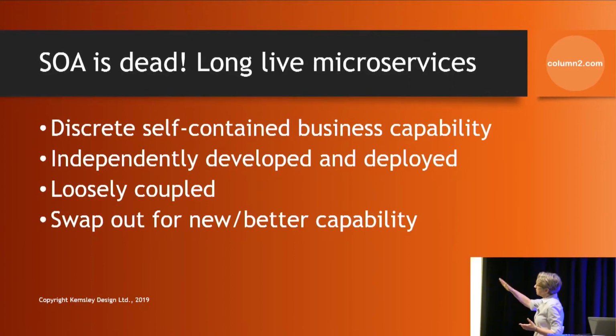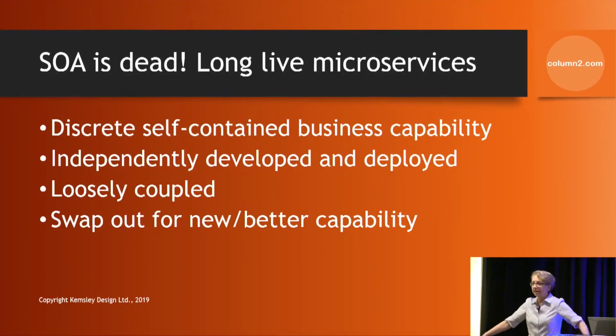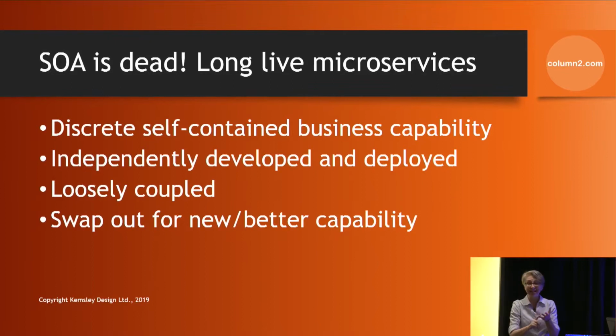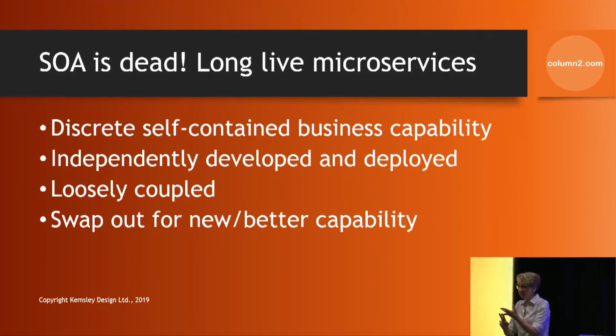And when we talk about discrete and self-contained, we mean the whole stack within the microservice. The microservice is not just some little function point that then calls down into this legacy iceberg below the surface. It's everything in there. It's got the business logic, it's got the data persistence, and a lot of other things built in that were not in our old style SOA type of services.